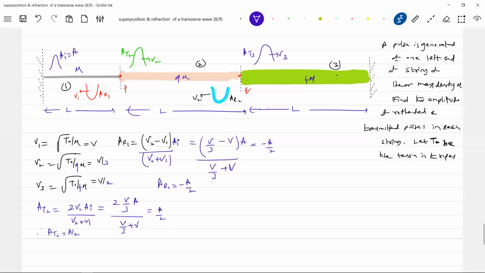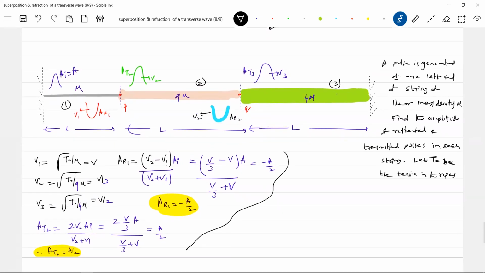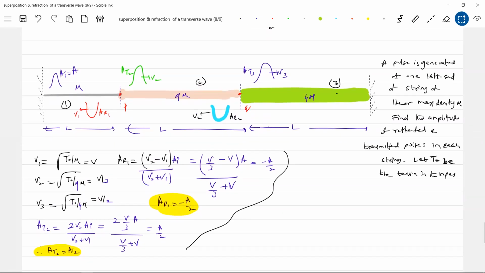I'll color it so that you can notice it. Now, what is the displacement? Let's calculate AT3 and AR2. We'll get a better picture.